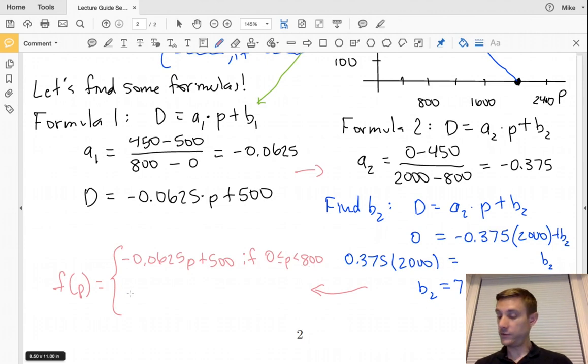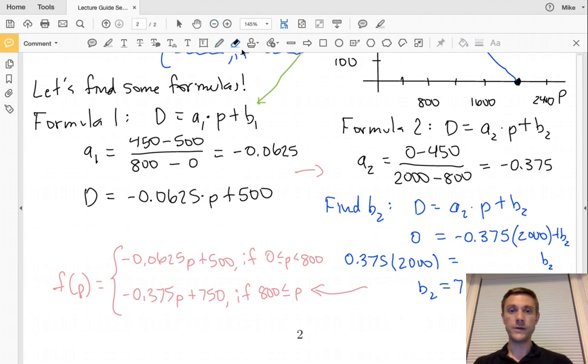And then the second one, the formula we just figured out now, so this was negative 0.375p plus 750. And that one is in charge if p is less than or equal to 800 and less than or equal to, we'll see if I can actually get the eraser to erase things for me.